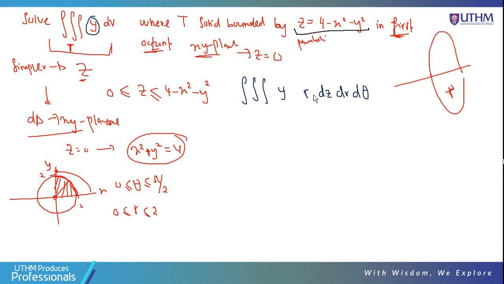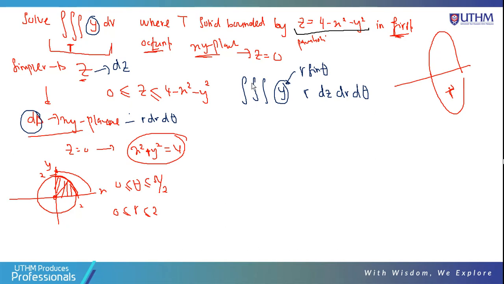So r dr d theta is the dA, and z becomes dz. So you combine them, it becomes r dz dr d theta. Because your integration is in terms of z, r and theta, there is no more y here, so y you need to change. Y becomes r sin theta.